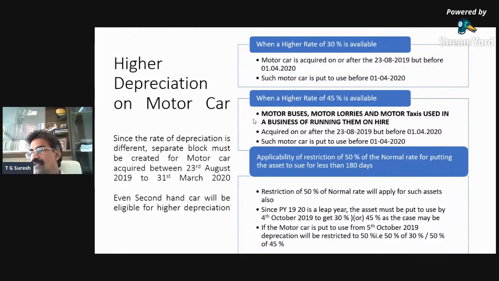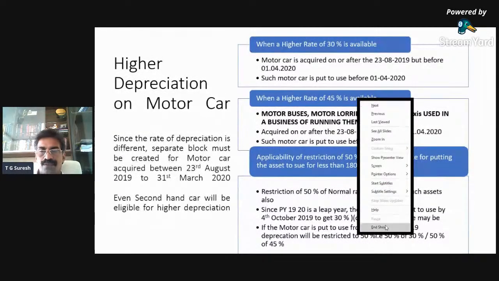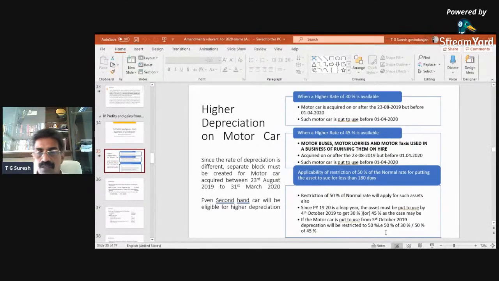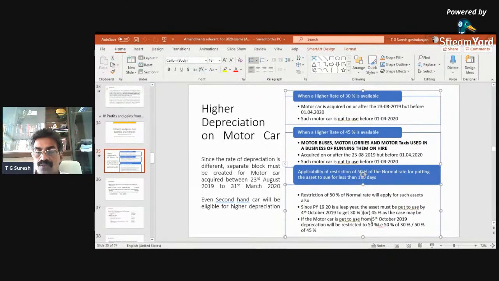You will continue to get depreciation at the higher rate, even for a second-hand car. So it is a very important provision, and you have to understand this correctly. The chances of this not being asked are very remote. See the last point: if the car is put to use from 5th of October, this is very crucial, then only you should restrict.